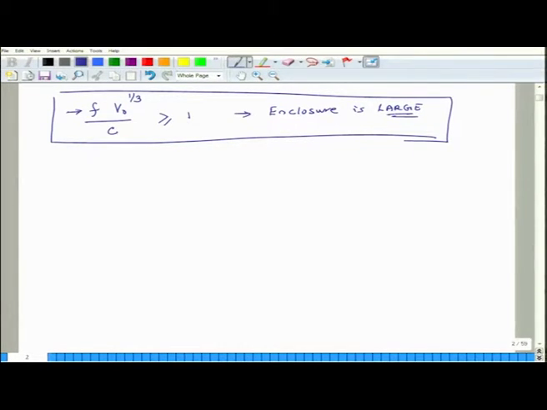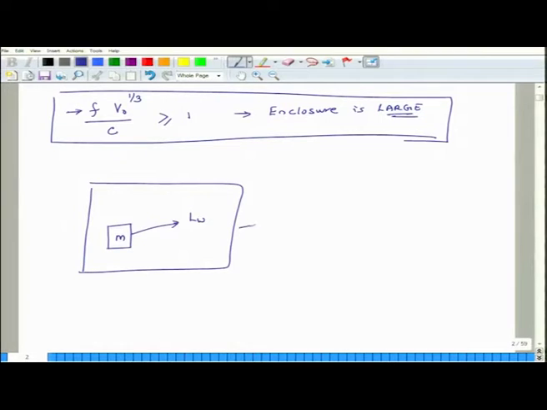So, what is insertion loss? Suppose you have a small machine and it is emitting sound power level LW, and suppose I put it inside a large enclosure.